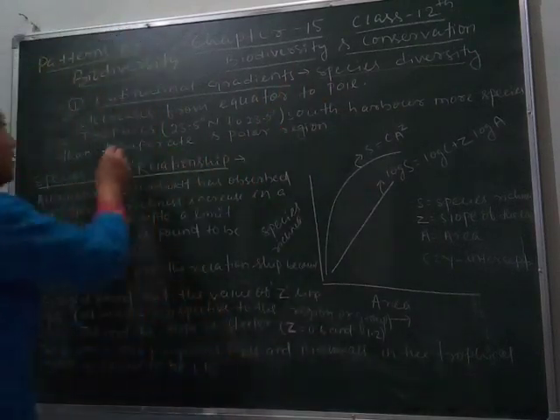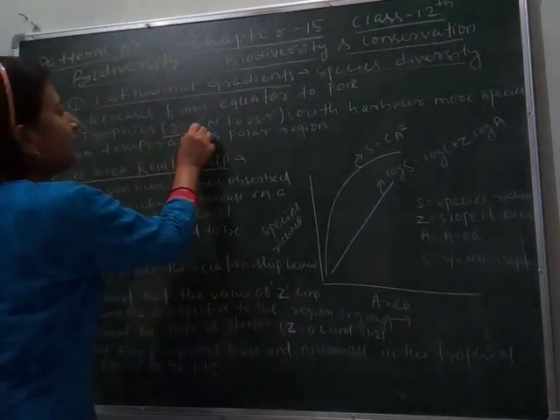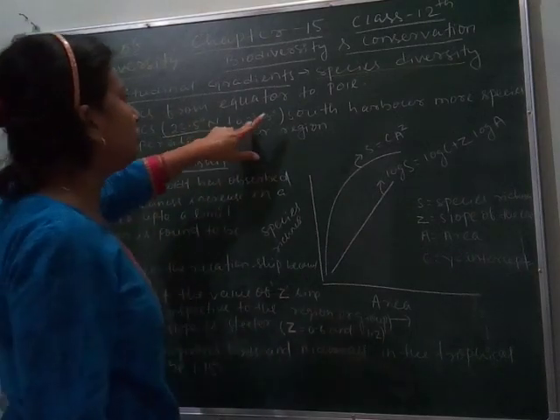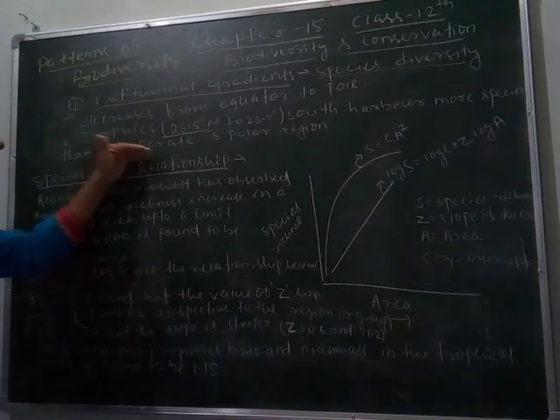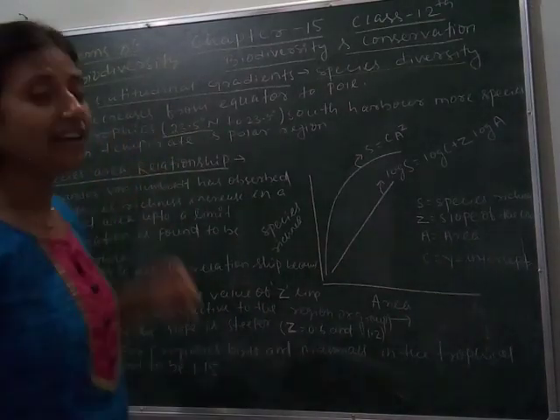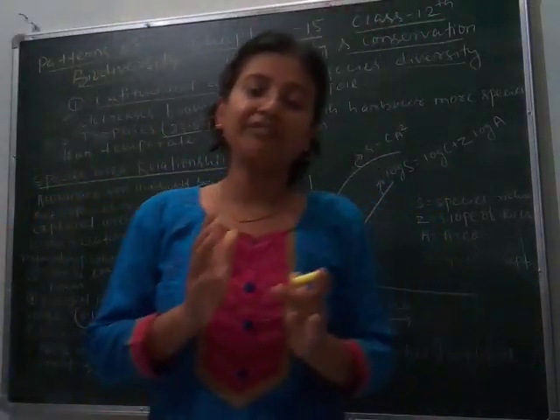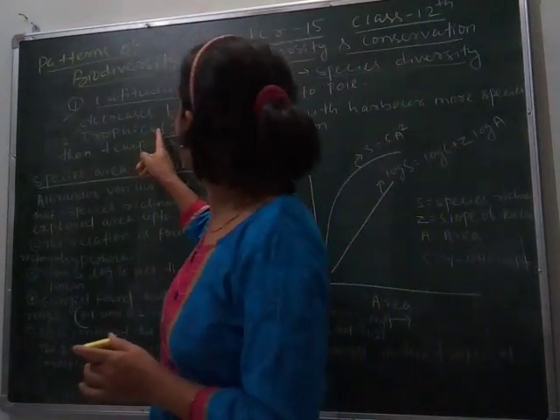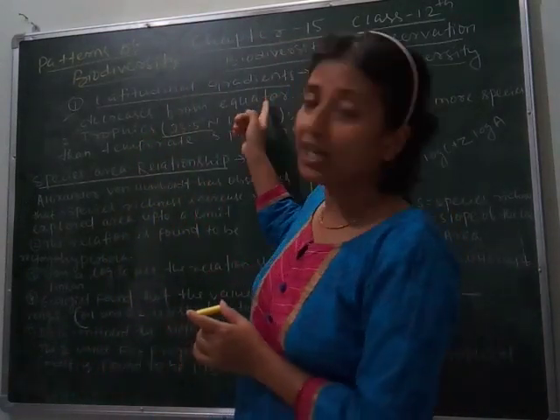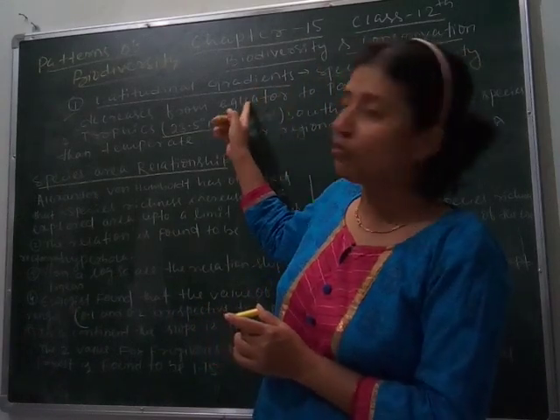Next is tropics, from 23.5 degree north to 23.5 degree south, which harbor more species than temperate and polar regions. If we compare the tropics, equator and pole, the equator has more species.